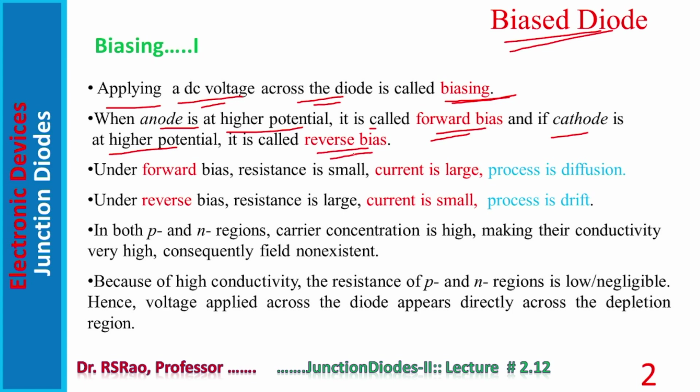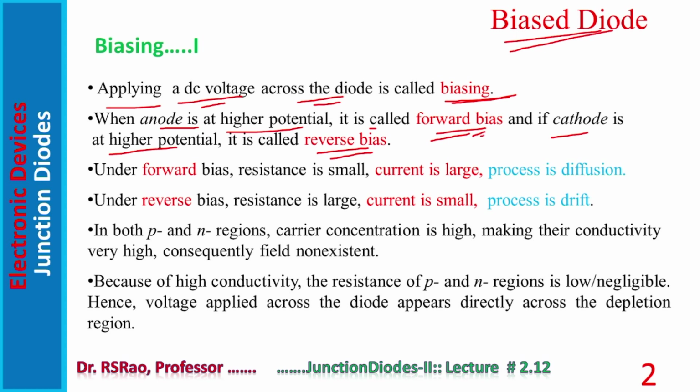When we say anode is at a higher potential, it implies it is at a higher potential when compared to cathode. When we say cathode is at higher potential, it means cathode is at higher potential with respect to anode. So if anode is at higher potential, the diode is said to be forward biased.